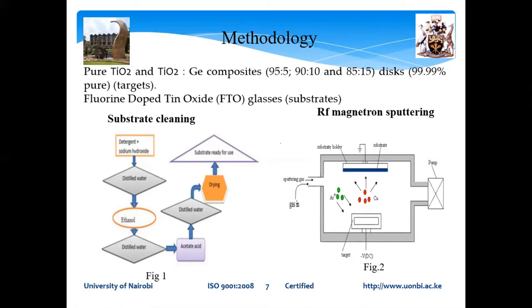So this is the radio frequency sputtering method that was used. Here is where we place our targets, and then the substrate is placed at this upper point. And then we have our gas inlet here. Of course, our gas was argon. So basically, this is a plasma-based deposition process in which energetic particles in form of ions, photons, neutrons are accelerated towards this target, strike it, releasing materials in form of vapor.